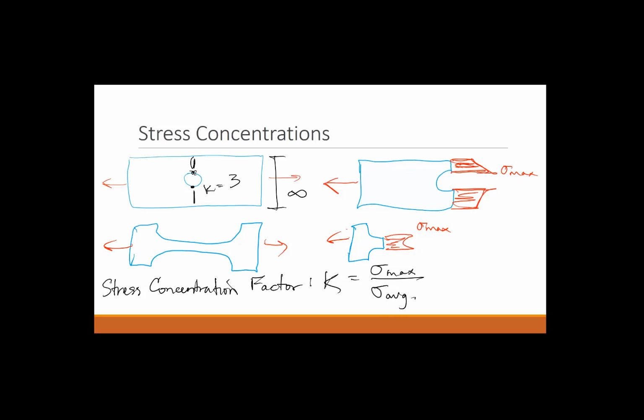Now the magnitude of K is affected by a couple things. There's a radius that goes along with this circle, R, and as that radius gets smaller, the K value gets bigger.